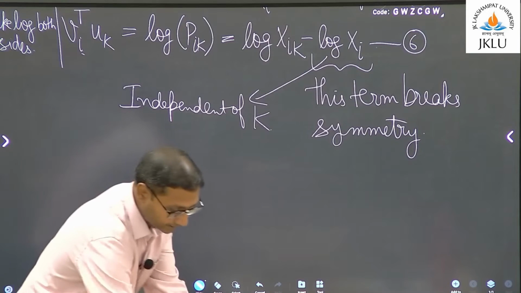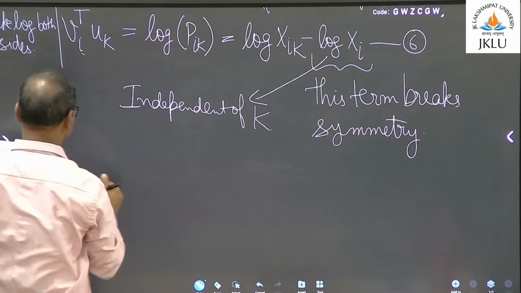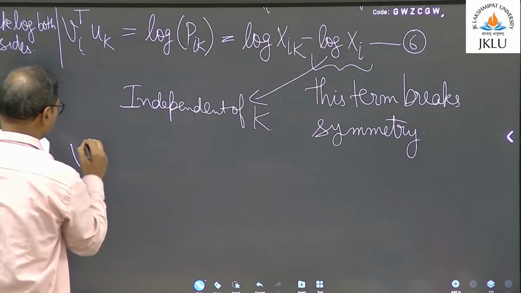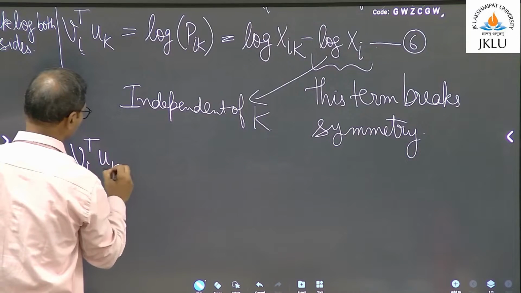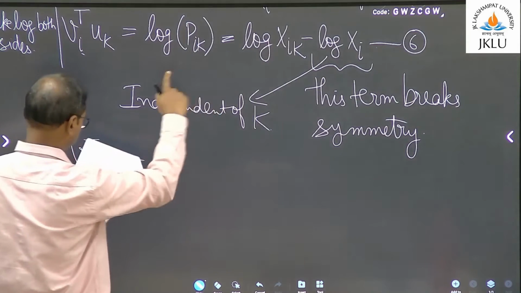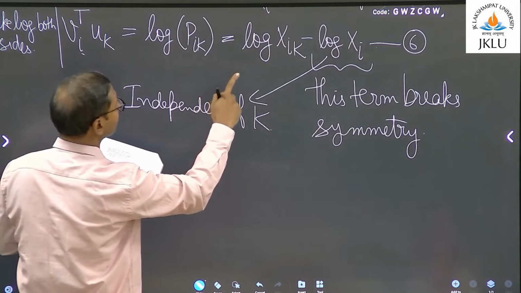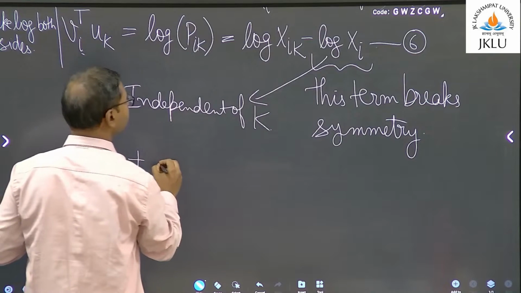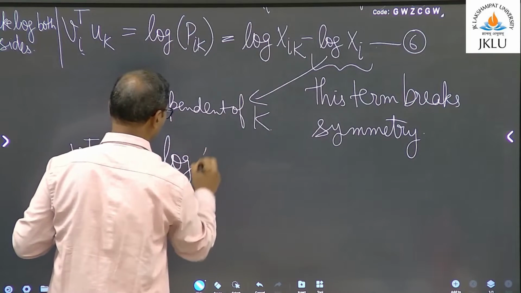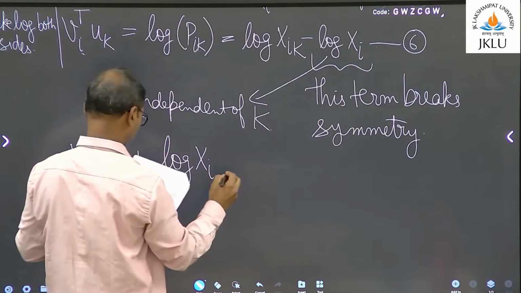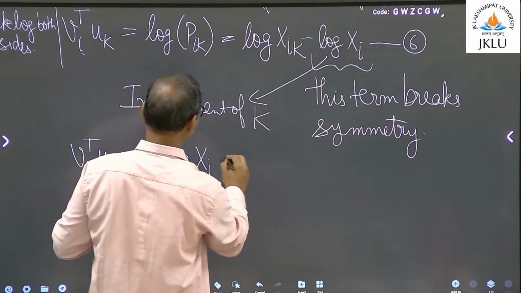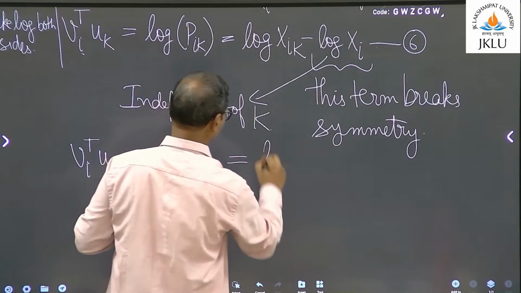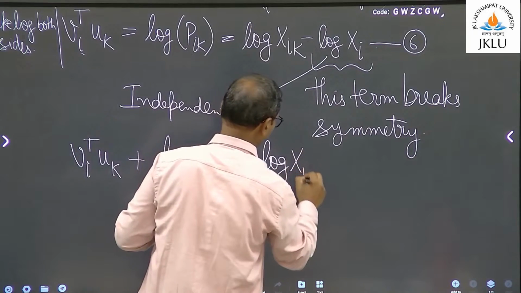So what they write here is, this is the left hand side, so this is my Vi transpose Uk minus, so I take log xi this side, log xi equal to log xik.